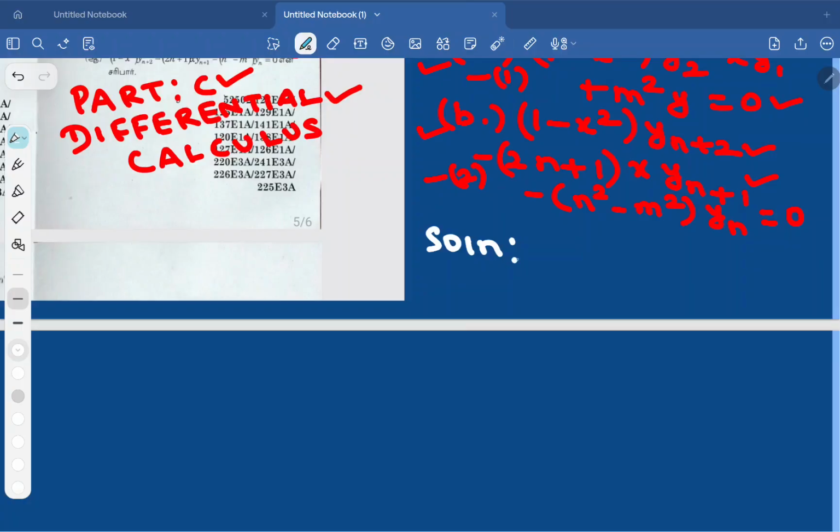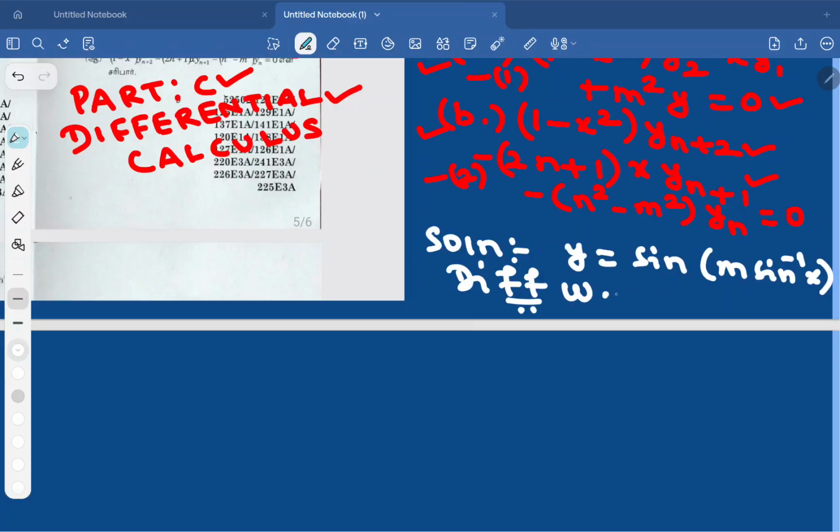Solution. What is given? y equals sine of m sine inverse of x. Differentiate with respect to x. y1 equals the derivative of sine of m sine inverse of x.